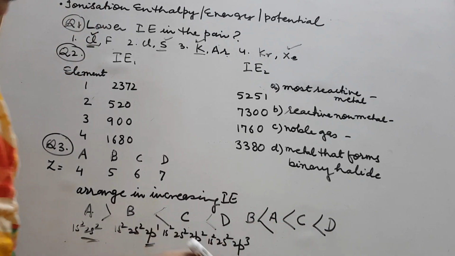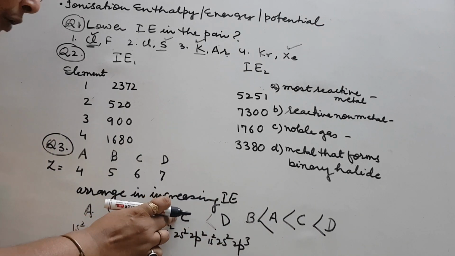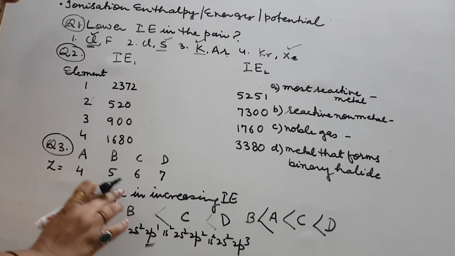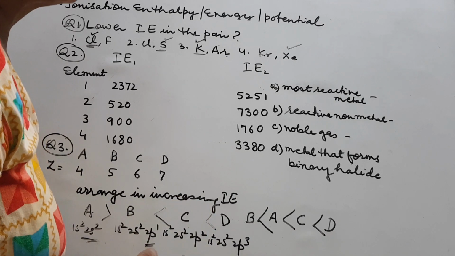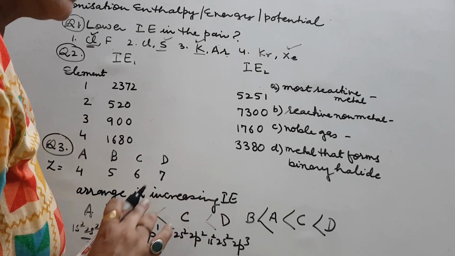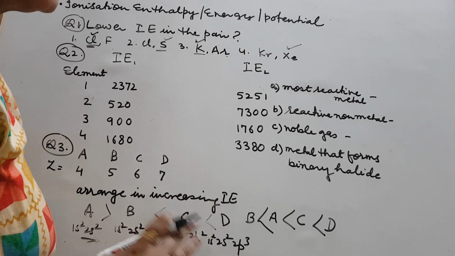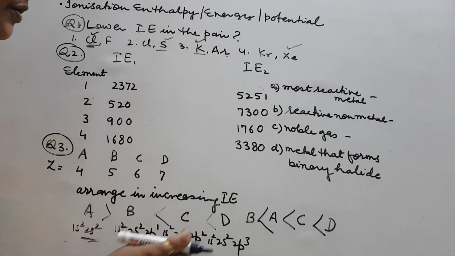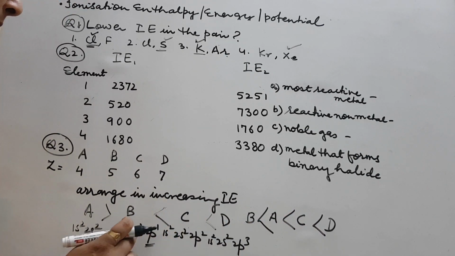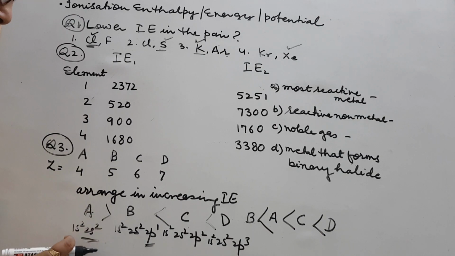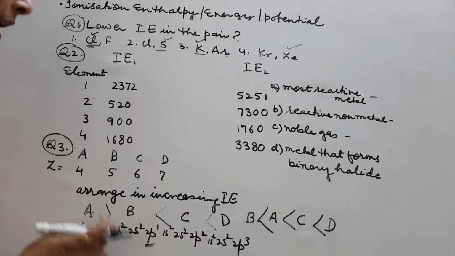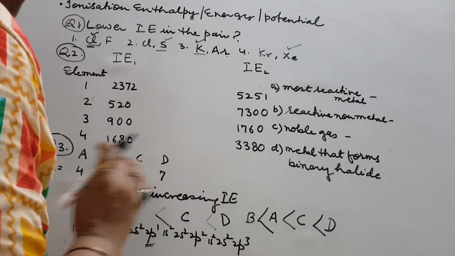Because D was having highest, half filled case, then after that C had to come. It's not that B will always be having higher. I told you when we have the case of half filled or fully filled, they have higher value only as compared to their neighboring atoms. So after D, C had to be there, and out of A and B we had seen A had to be higher and B was the lowest. So this is the second question.